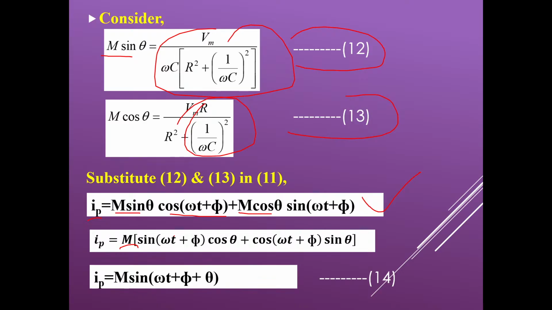This looks like the sine A cos B plus cos A sine B formula, so sine A plus B. So Ip is equal to m into sine A plus B, where A is omega t plus phi and B is theta. Consider it as equation number 14. So we have got a simplified expression for the particular solution of current.